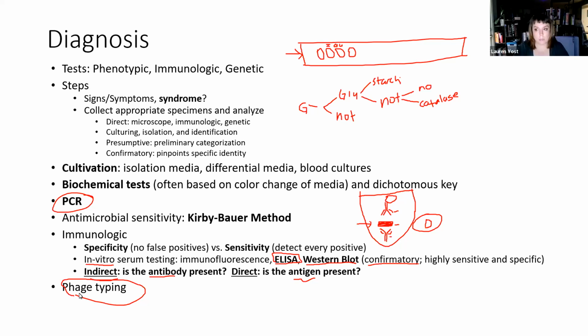And if you see little clearings in there, that's a sign a phage infected a cell, cleared out that area and multiplied. Those are called plaques. That would be an example of using phage typing to confirm the identity of something. So it only infects Salmonella enterica, and that patient might have Salmonella enterica if you have plaques.